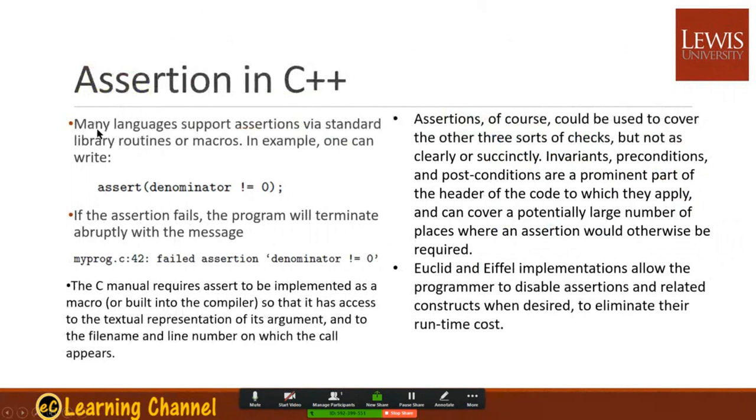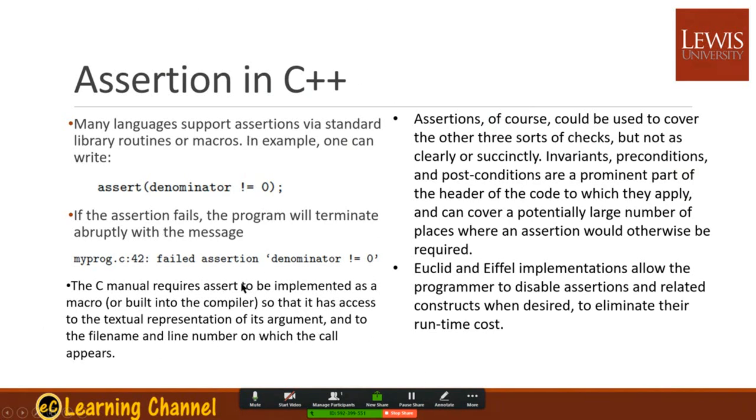Assertion in C++. Many languages support assertion via the standard library. So in C++, we can assert that the denominator is not equal to 0 for the divide by 0 assertion, but when an error occurs, we will see this. The C manual requires assert to be implemented as a macro or built into the compiler so that it has access to the textual representation of its arguments.